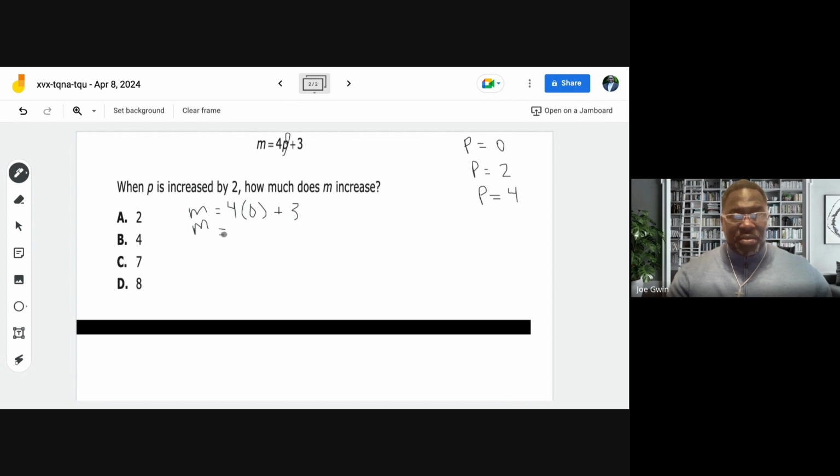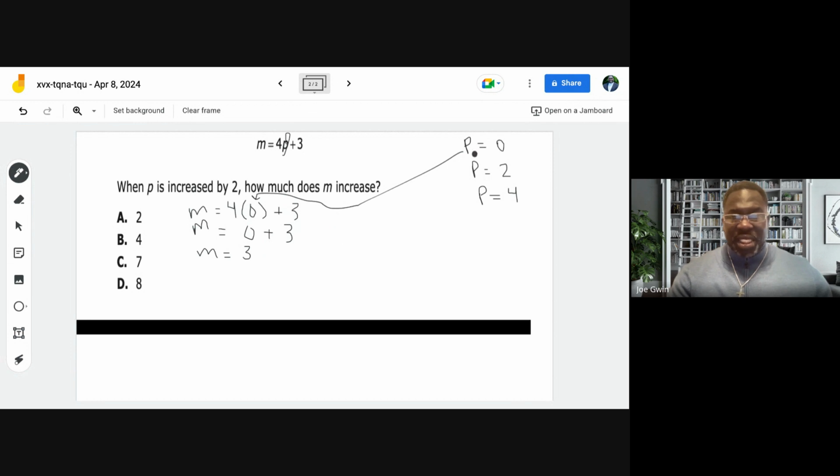M equals 4 times 0, which is 0, plus 3. So M is equal to whatever 0 plus 3 is, which is 3. So when we plug in 0, we came out with 3.